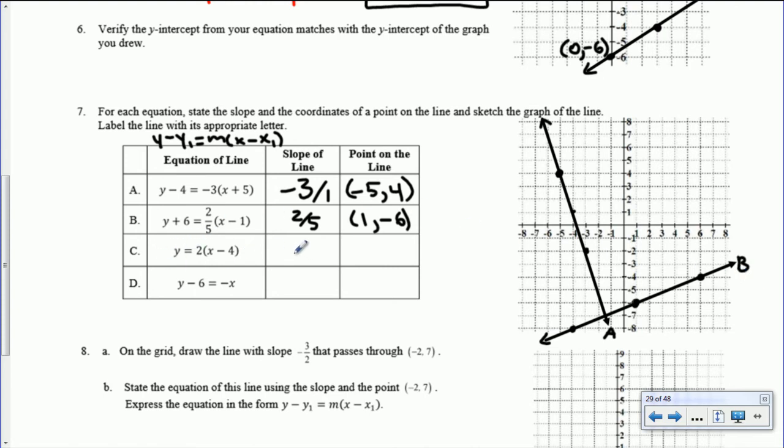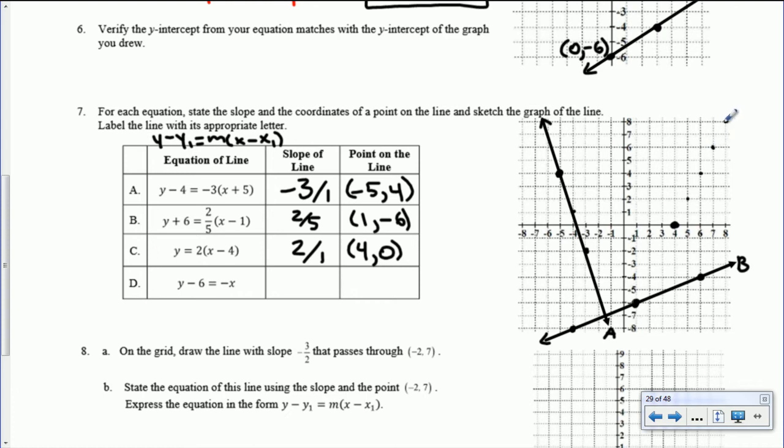Next one, slope is 2. X-coordinate is 4, and it'd be, I guess, y plus 0 if you like, so (4, 0). So let's locate (4, 0), that's there. The slope is 2, or 2/1, so to get to the next point, we rise 2, go over 1, rise 2, go over 1, and so on.